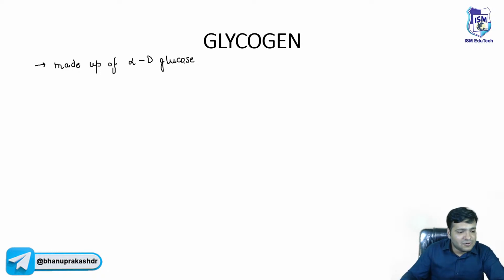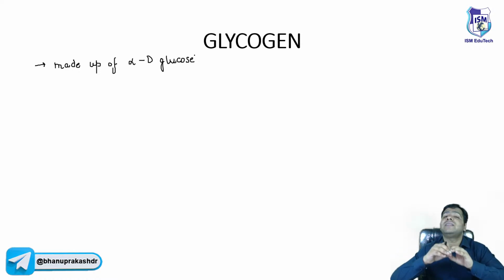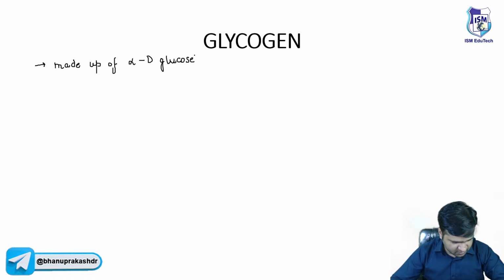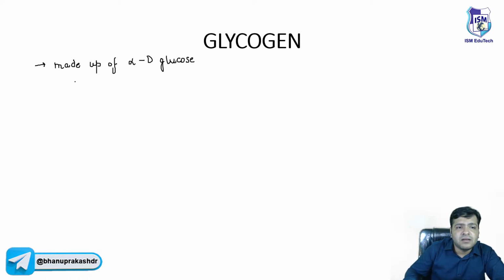So you already know that polysaccharides means the monomer unit is glucose. It is more than 10 glucose. When all these glucose combine together, it will be glycogen. Right? So remember, beta, it is a branched polymer.